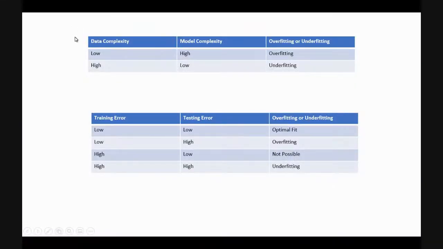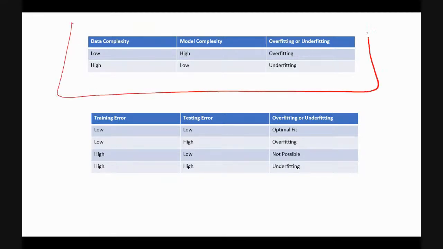This is the top part, and we find it out through experimentation. When the model is too complex for the data, there is a word for it. When the model is complex but data is simple, it's called overfitting.